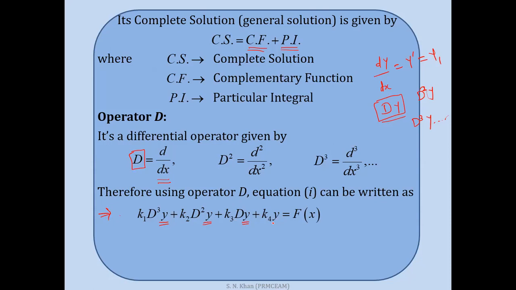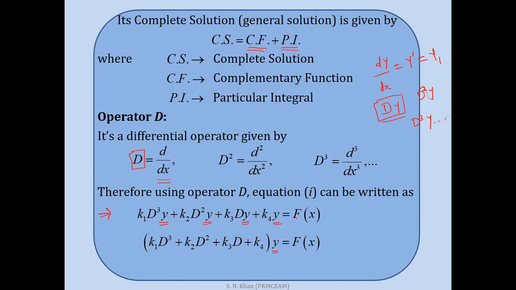And the last term again contains function y here. So taking y common from the left hand side, we can write it as k1 into D cube plus k2 into D square plus k3 into D plus k4 operating on function y, that is equal to capital F of x.